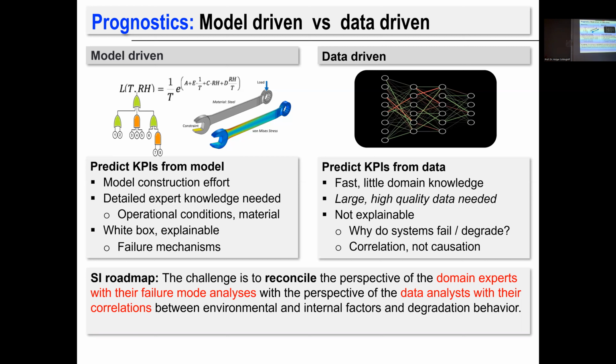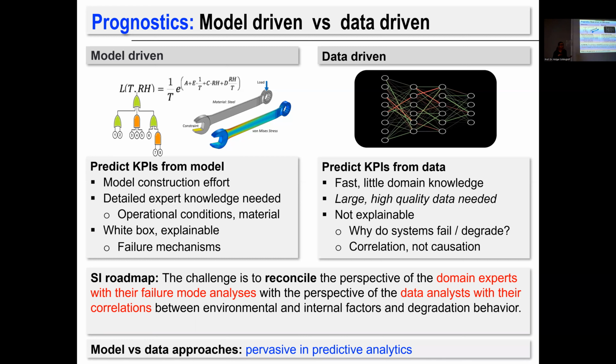That is why a key challenge is to combine both, and to reconcile domain experts with a failure mode analysis and data analysts with a correlation. And actually, this whole synergy between model-driven and data-driven approaches is again not unique for predictive maintenance. It's pervasive in predictive analytics altogether.